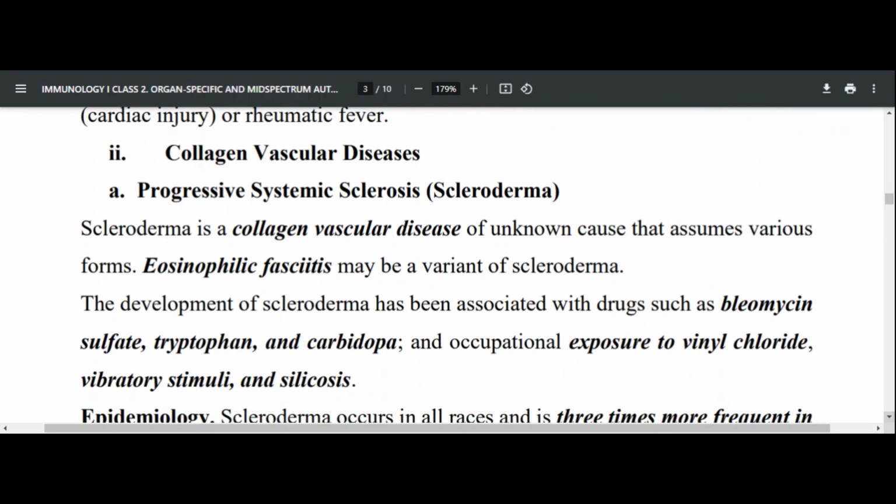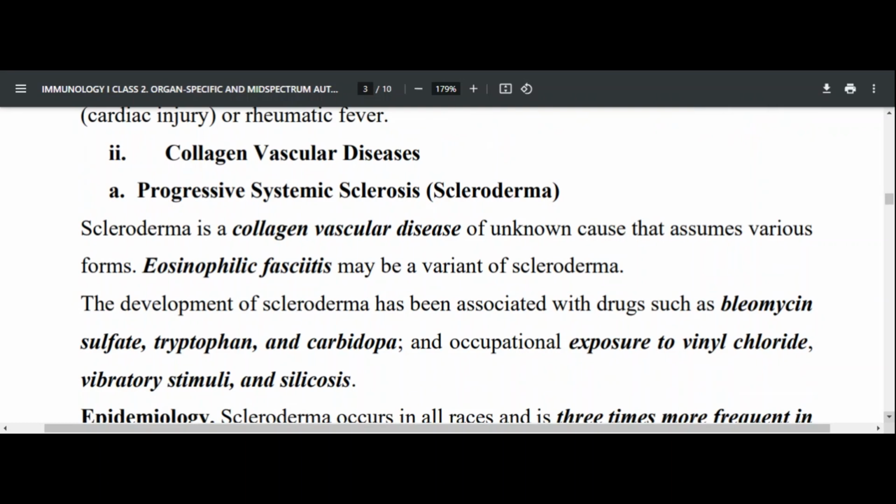So PSS is a collagen vascular disease of unknown cause that assumes various forms. It affects blood vessels and also tissues in which we find collagen. Eosinophilic fasciitis is also one of these PSS conditions. So this is a set of collagen vascular diseases.